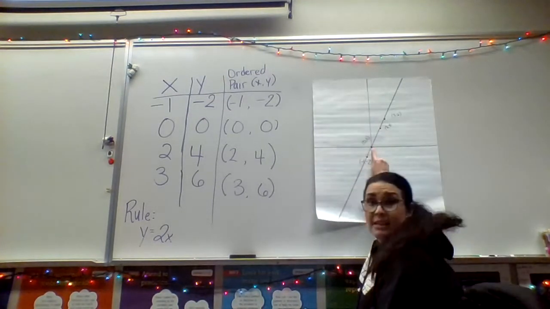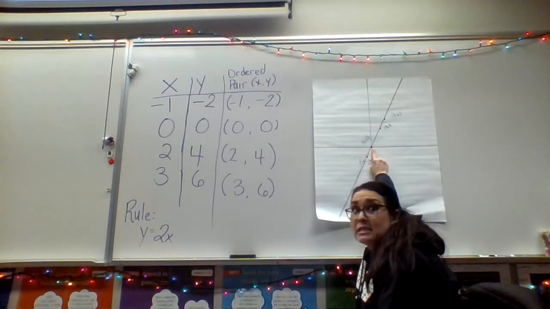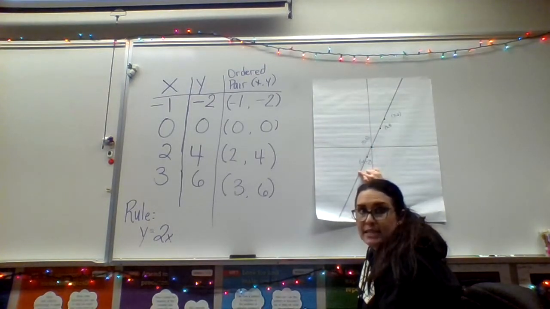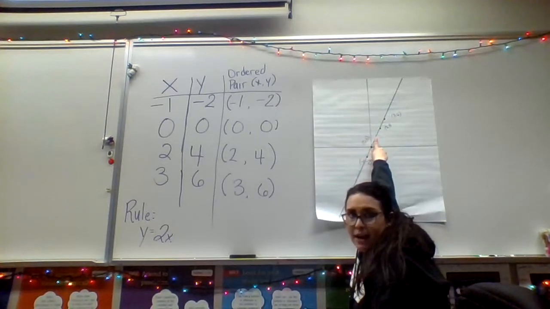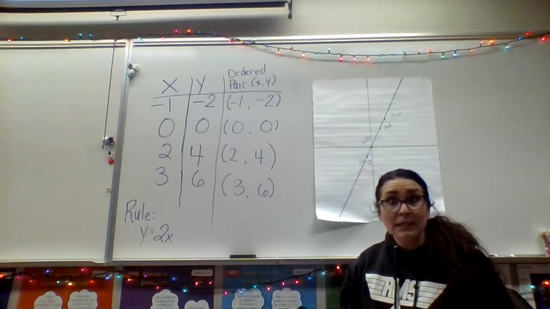So 0, 0 right here is my point of origin. Notice that this proportion that we just graphed, my friends, goes right through it, right? There are some points before I get to 0, 0. There are some points after I get to 0, 0. But they're all in that same line.